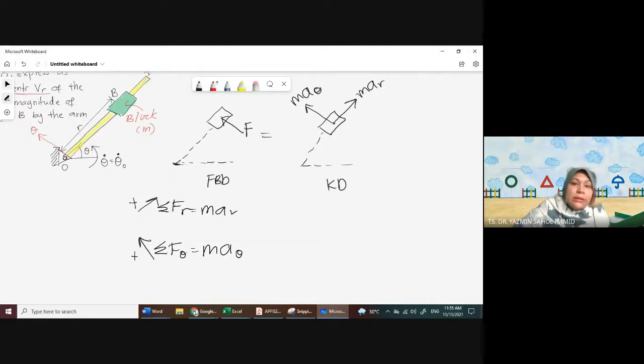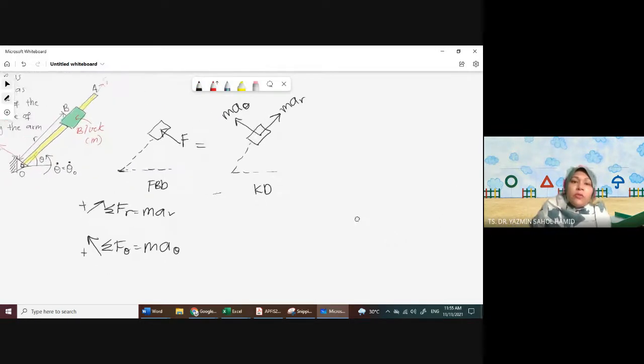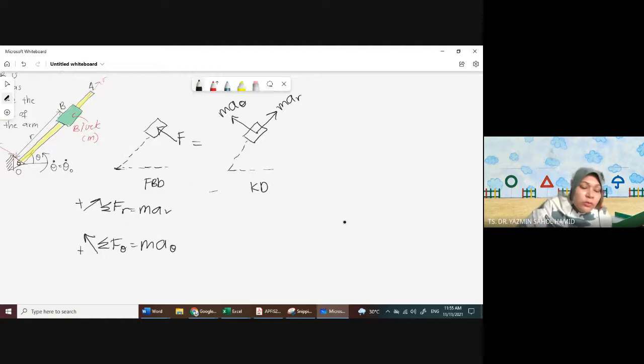So what is in the R direction? There is no force in the R direction and no need to resolve. So it becomes zero equals M A R. A R is R double dot minus R theta dot, don't forget the square.